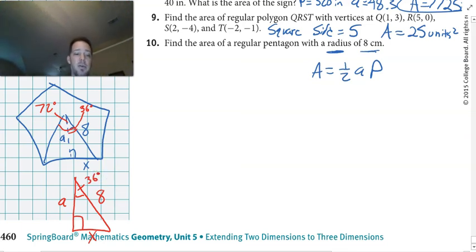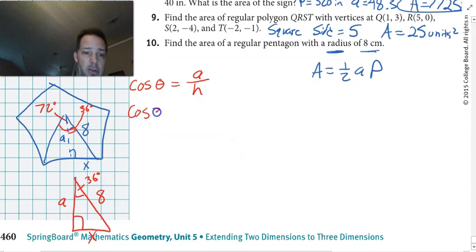So on this one, we're not going to use tangent because we don't know the opposite or the adjacent. So I'm going to start by using either sine or cosine to help me figure out X or A. So let's start with the cosine function. We can figure out A. So cosine of an angle equals adjacent over hypotenuse, or cosine of 36 should equal the adjacent A, this is what I'm solving for, and the hypotenuse is 8.